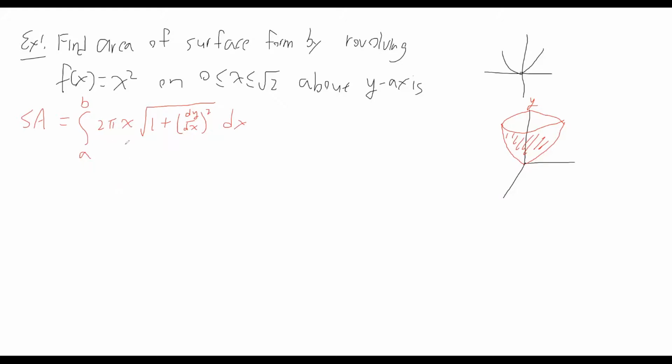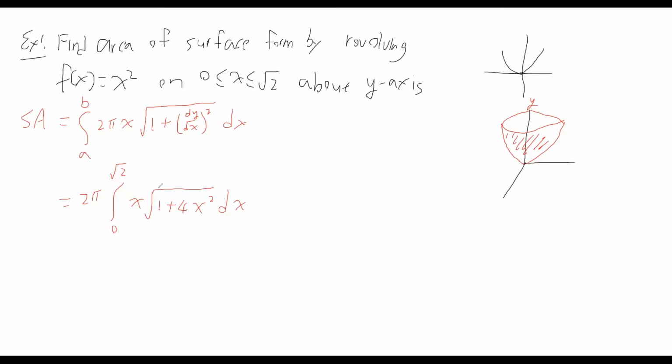All right, so we have everything we need. So 2 pi, can put it in the front, integral from 0 to root 2 of x times the square root of 1 plus dy dx, that's 2x, right? 2x squared, that will be 4x squared, dx.